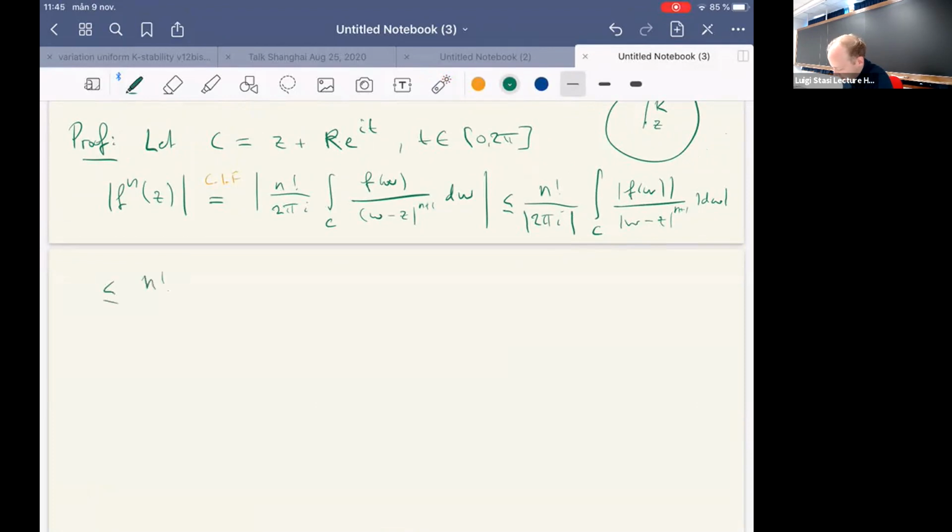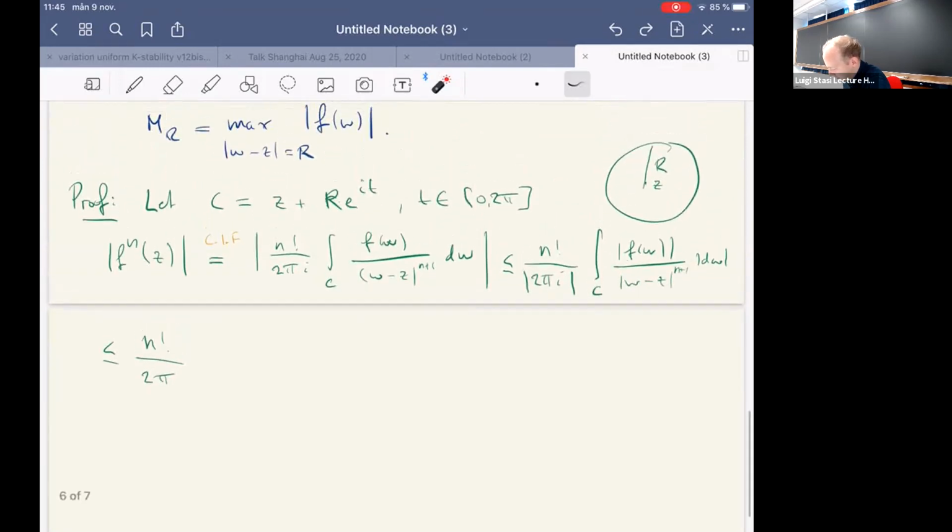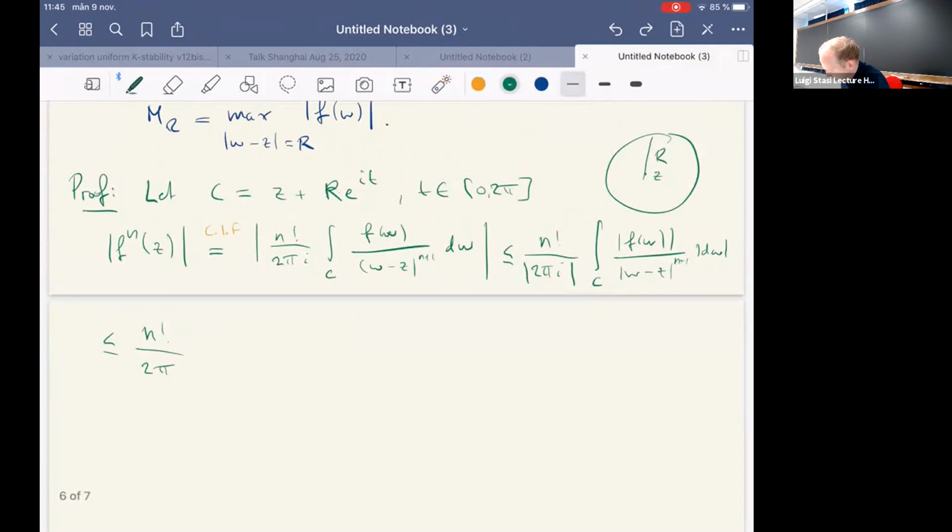Let's continue this estimate. So this thing here is just 2 pi. So now I write 2 pi, then we have the integral. When I look at the absolute value of w minus z, w is on the circle, right?